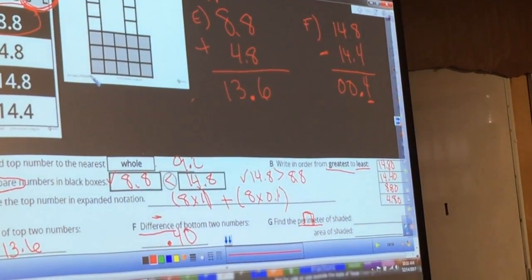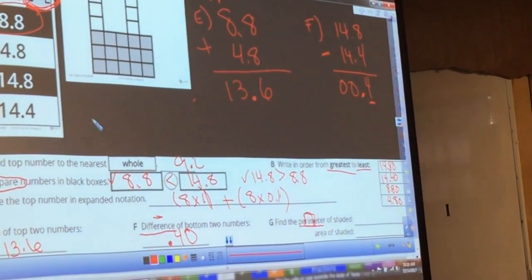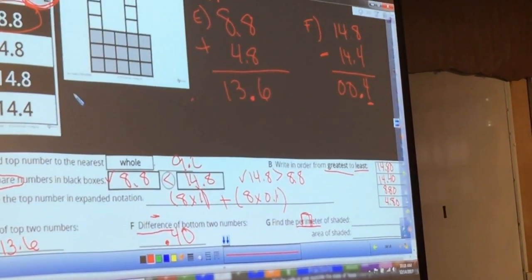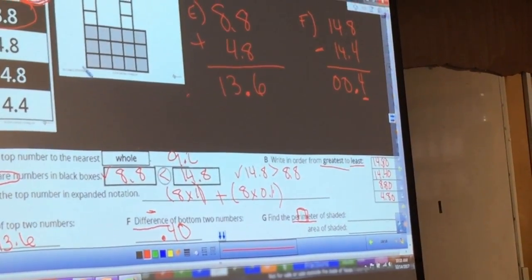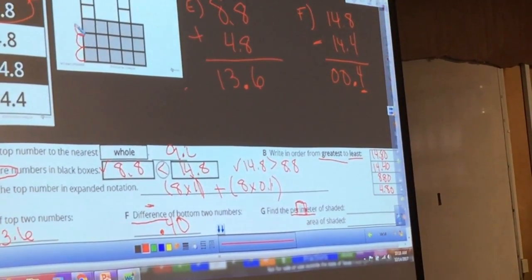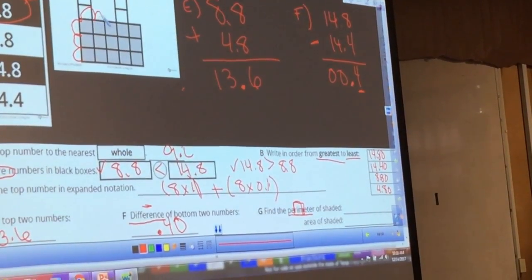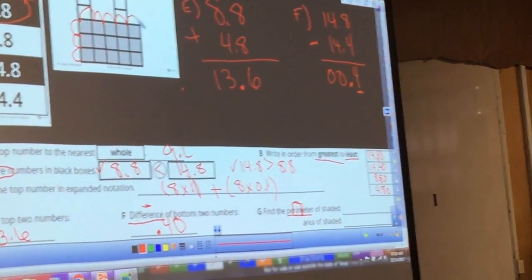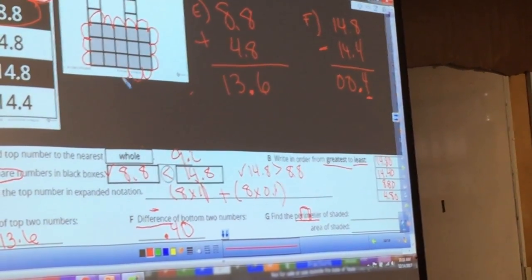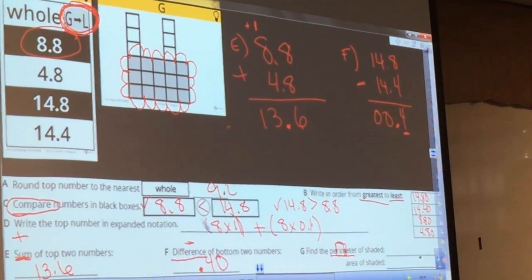So what strategy could I use if I don't know the formula? You're going to be given a formula chart. We'll go over that formula in just a second, but what strategy could I use? Kaylin? I could bunny hop around it. So I could go 1, 2, 3, 4, 5, 6, 7, 8, 9, 10, 11, 12, 13, 14, 15, 16.